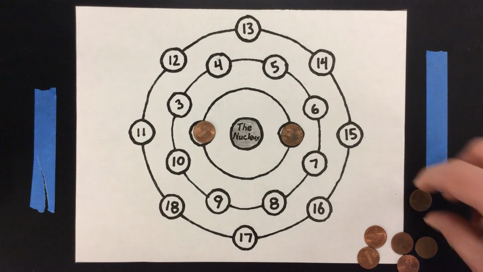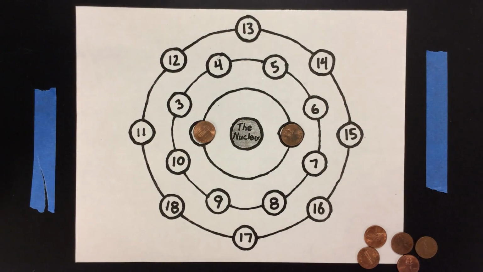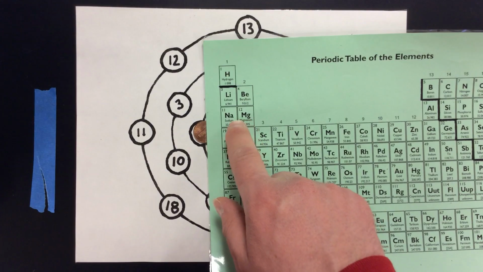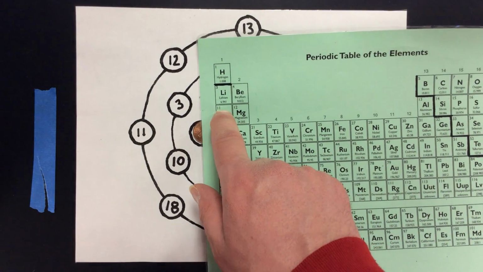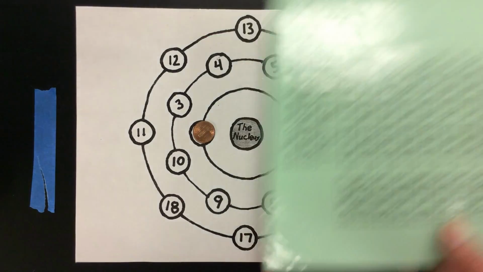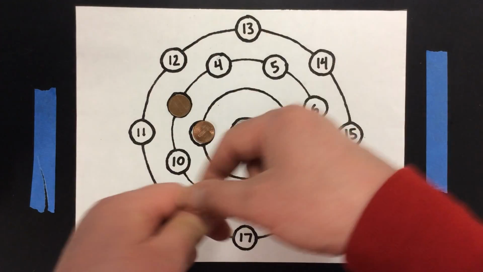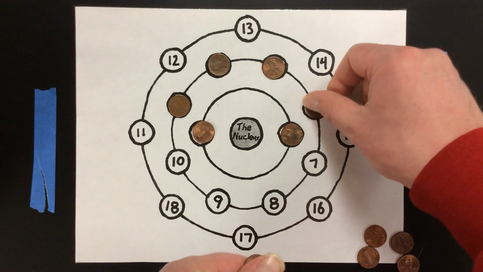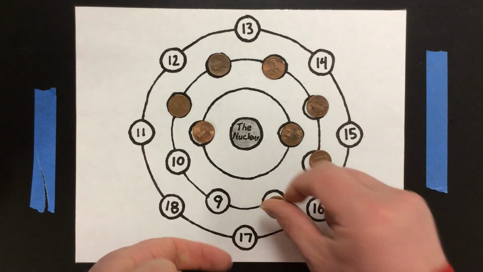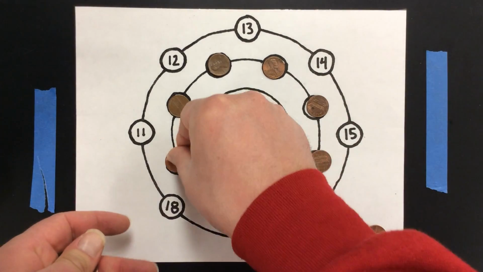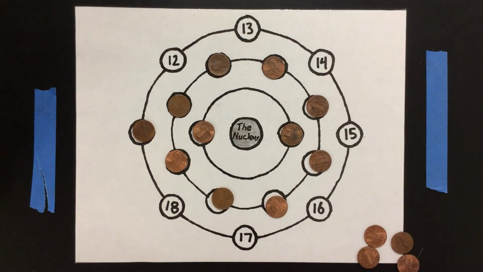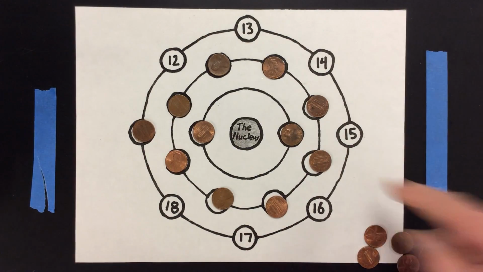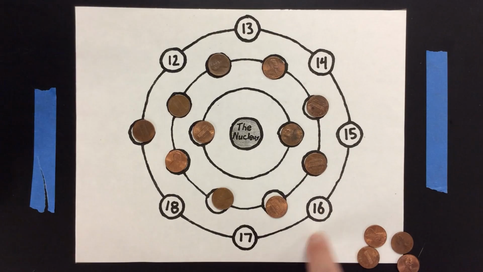Let's take a look at another element, sodium. Once again, we can use our periodic table and see that sodium starts with 11 electrons. So let's put them on. 9, 10, 11. So, in the case of sodium, you notice this outermost electron layer is a third one.